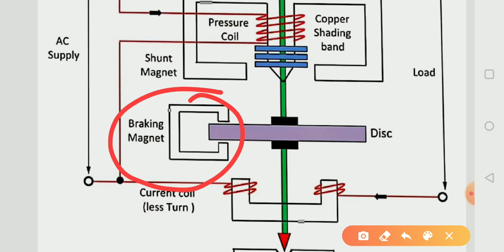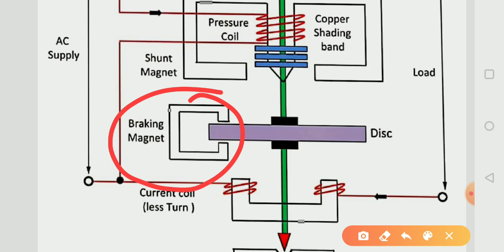So this brake magnet brings the disc back to its normal position, because when power is not supplied there is some error, so it brings the disc back to the normal position.